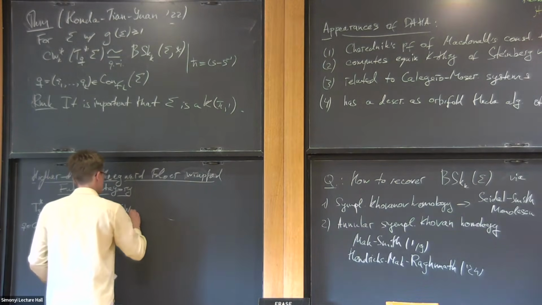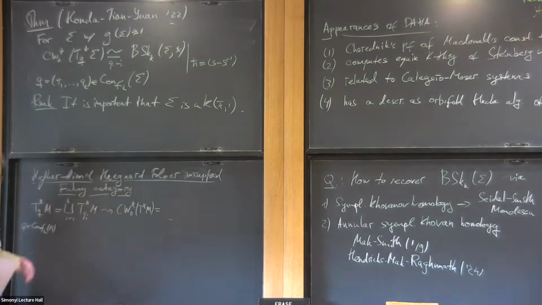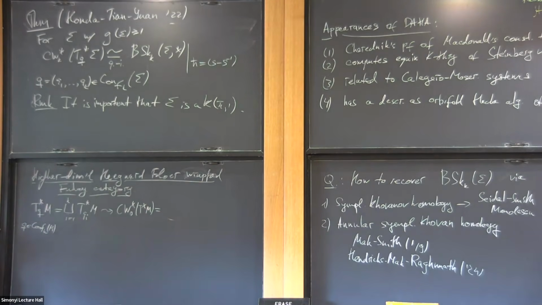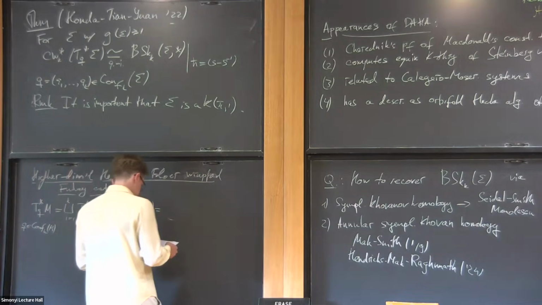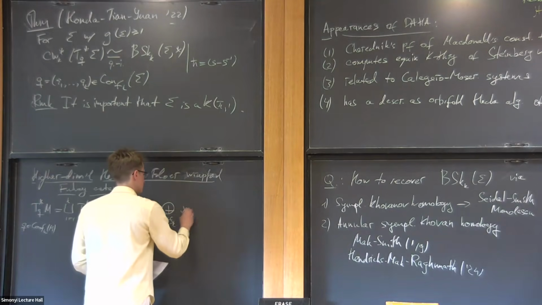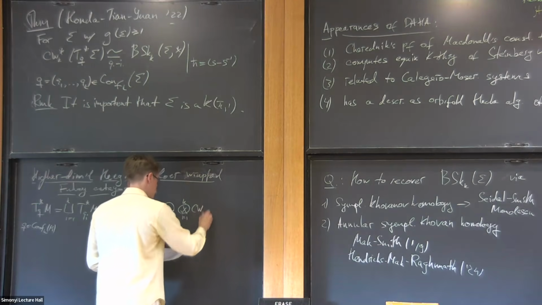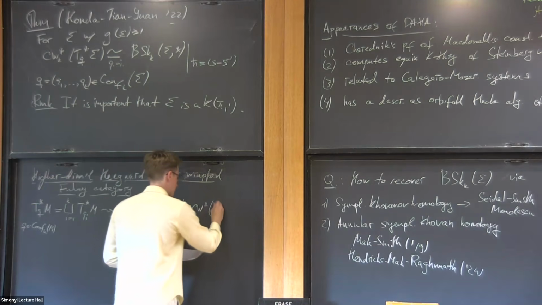Then CW0 of T star M would be just k-tuples of Hamiltonian chords starting and ending at this k-tuple of fibers, but we allow them to make some permutation along the way. Formally it can be written as a direct sum over elements in the symmetric group of the following tensor products: just standard generators in the wrapped Fukaya category.